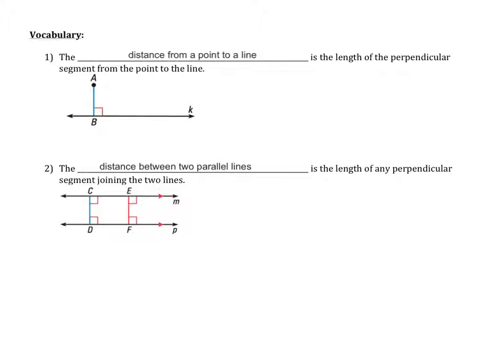And if I want to find the distance between those two parallel lines, I'm just going to drop a perpendicular line down from one line to the other, and I would just find the length between those 2 points. So I would find the length of segment CD or EF, but again, it has to be the perpendicular distance between those two lines. You wouldn't want to go diagonal because you're not taking the quickest route between the two lines, which again, the quickest route would be the perpendicular line.